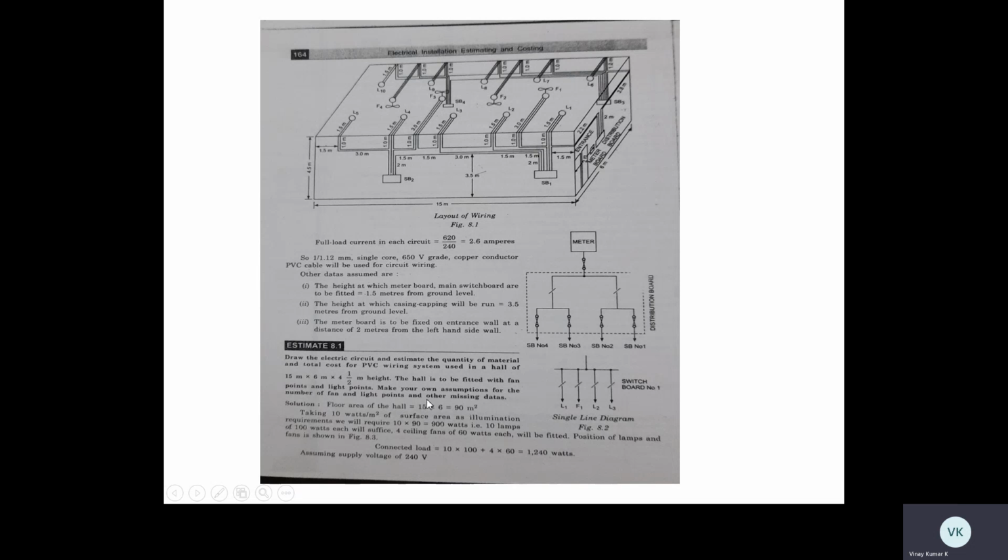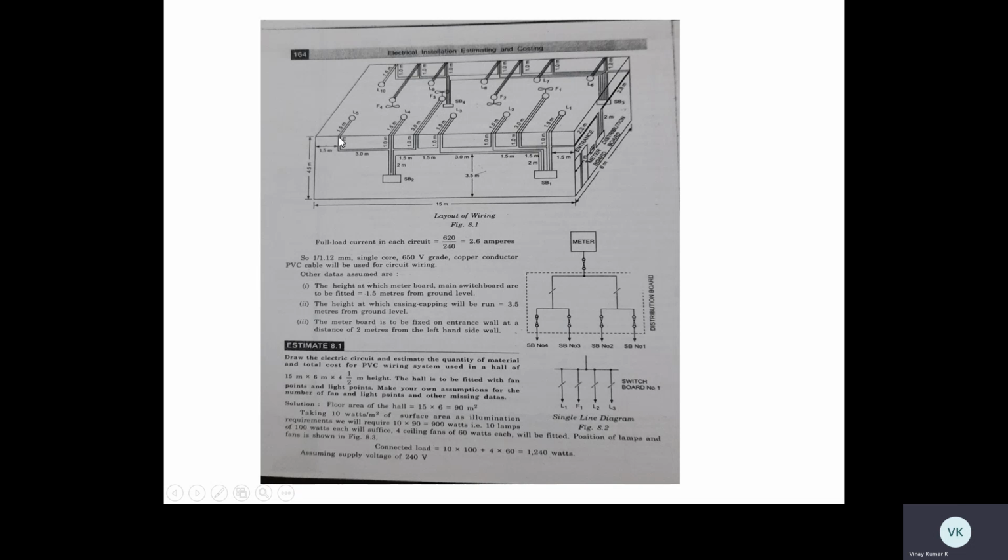So for 90 m square, if I consider a 10 watt bulb per meter square, then it should be 900 watts of illumination required for that area. See here, this is 15 meter length, 6 meter breadth and 4.5 meter height. For this area, I have to calculate the wiring. I have to illuminate and I have to place the fans also.